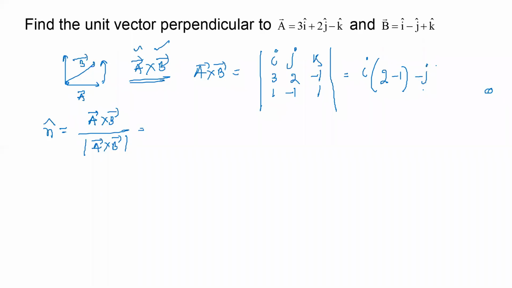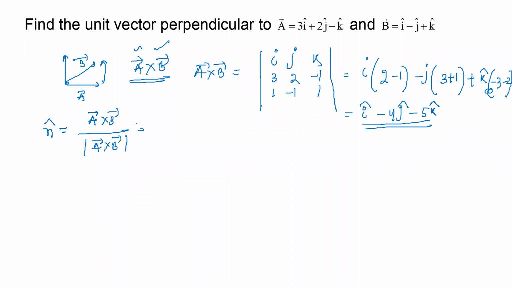Minus j cap into 3 into 1, 3, minus of 1 into minus 1, minus of minus 1, that is 3 plus 1, minus 4 j cap, plus k cap into, students, 3 into minus 1, that is minus 3, minus 2, this is minus 5. So hence the required product will be i cap minus 4 j cap minus 5 k cap. This is the required.